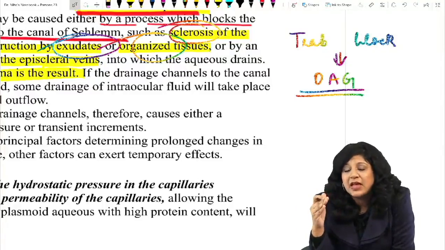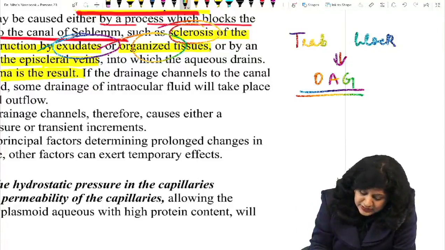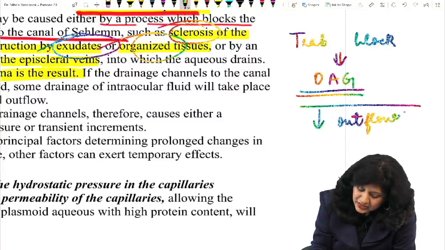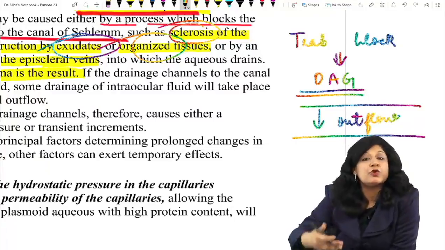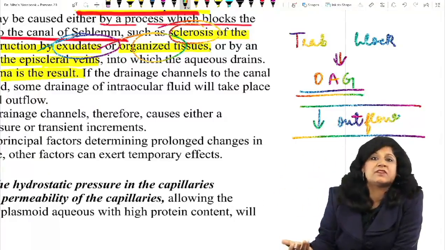So 90% of the aqueous humor is not able to pass through. So obviously there will be a decrease in the outflow, and when there is a decrease in the outflow, net aqueous humor will increase, and obviously we will have glaucoma.